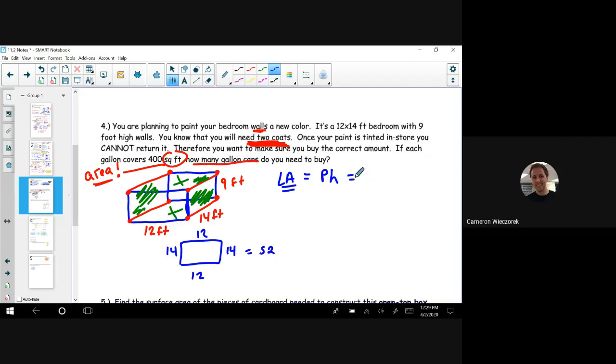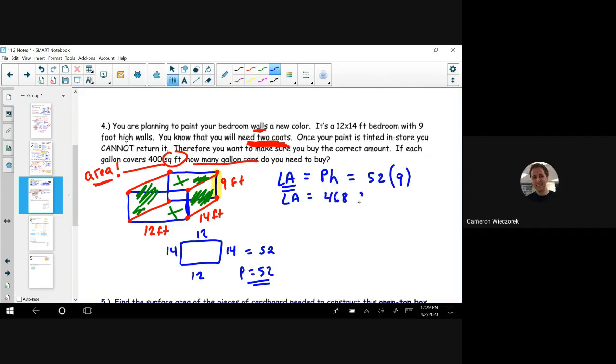So the perimeter here is 52. And I'm multiplying by the height, okay, the height of the actual prism itself. The height of that prism is 9, because it connects the bases together. 52 times 9, crank that out, be 468.